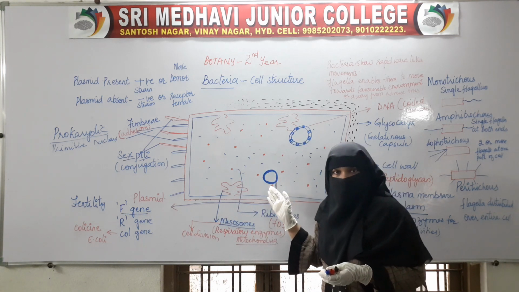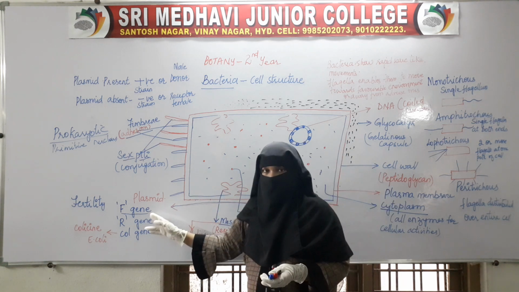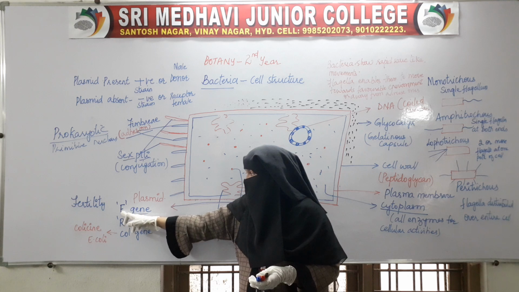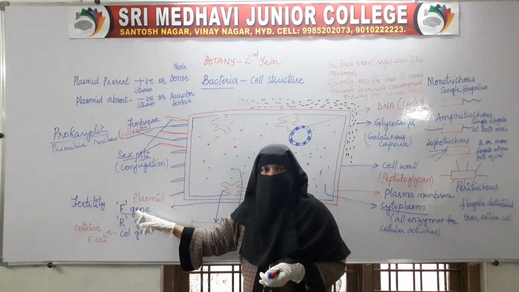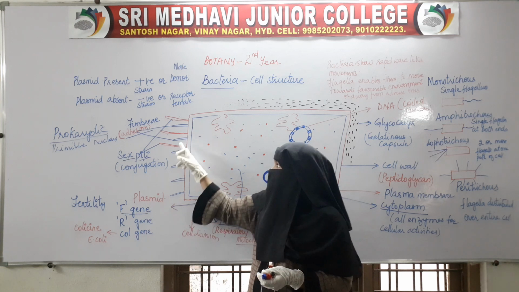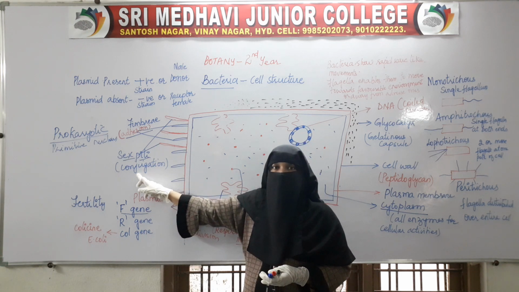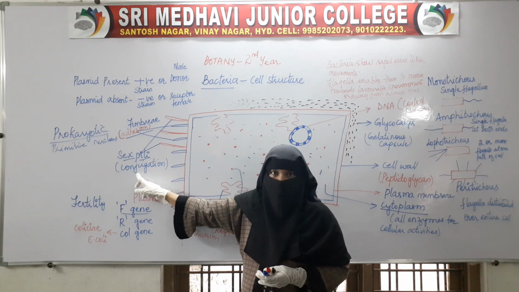Plasmid is an extrachromosomal DNA structure which consists of 3 genes. The first is the F gene, which is also called the fertility gene. It is responsible for producing sex pili, which help in the process of conjugation.